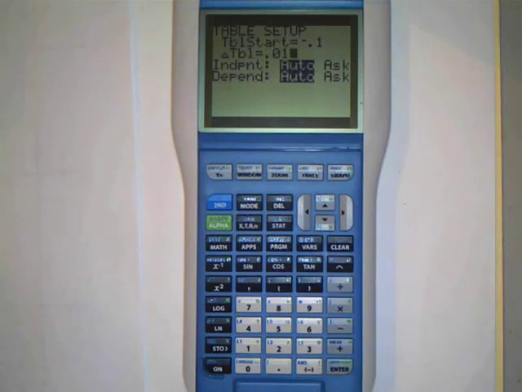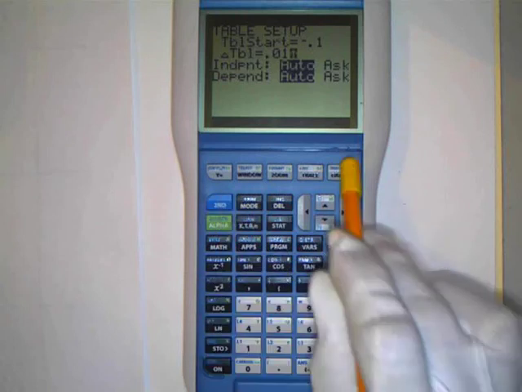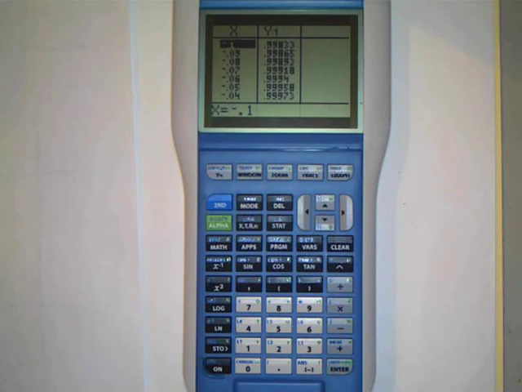So I'd be going by hundredths, starting at -0.1, and then we go back to our table and see what's going on. So we start at -0.1, and then -0.09, -0.08, -0.07.